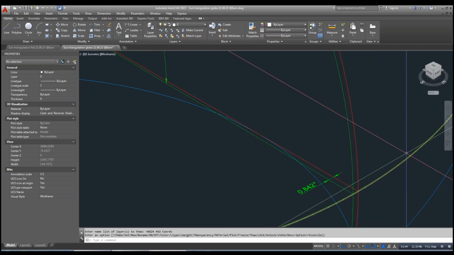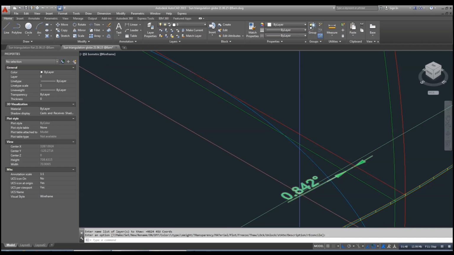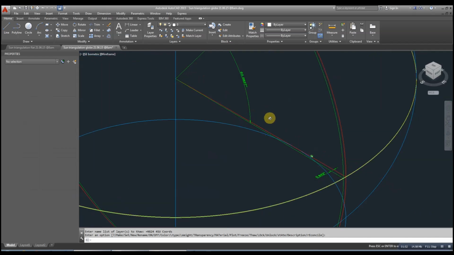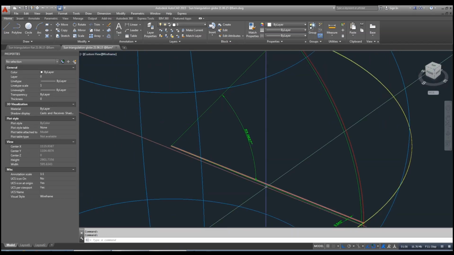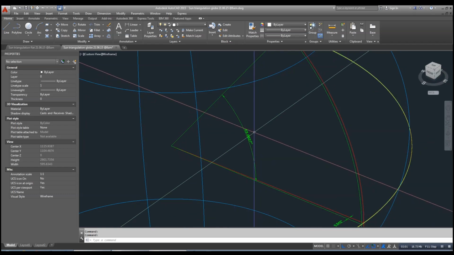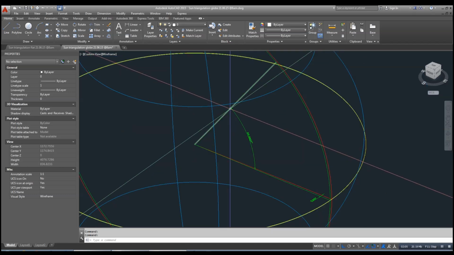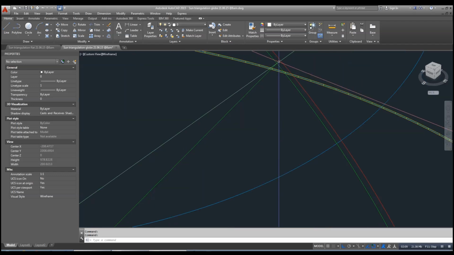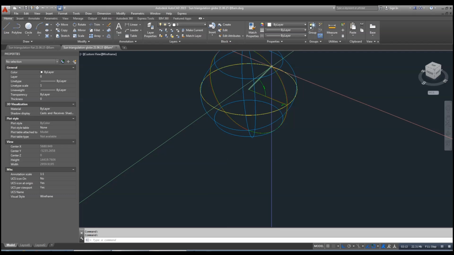Anything east of the meridian is a plus figure, so this is actually minus 0.842 degrees. And the latitude up here, taken from this sort of point on the equator, is 53.0627 degrees. So where that intersects with the surface of the Earth up here, at this point, that is my hometown.